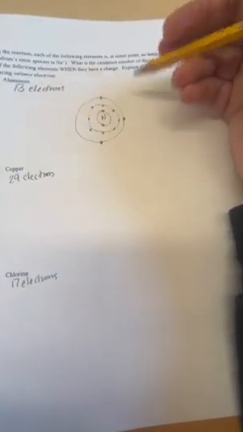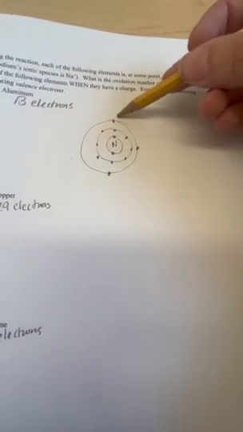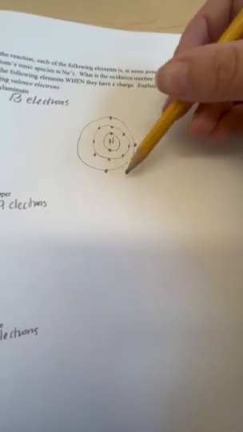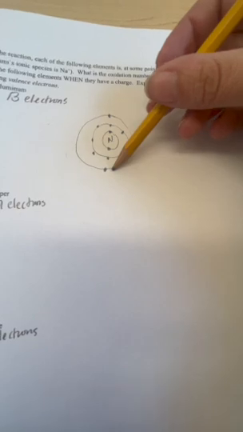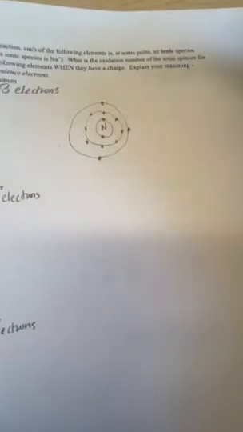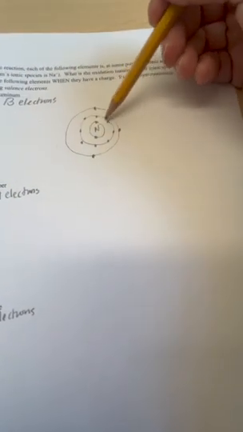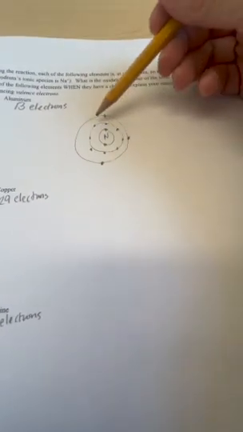But this is an ion. We have a charge here because there's either 3 electrons more than stable or 5 less than stable. We want a full shell on the outside, and that's what we call the valence shell.